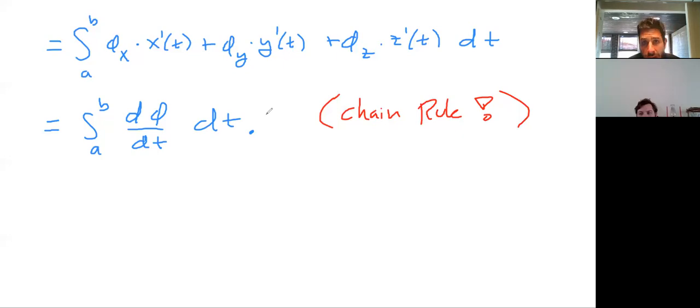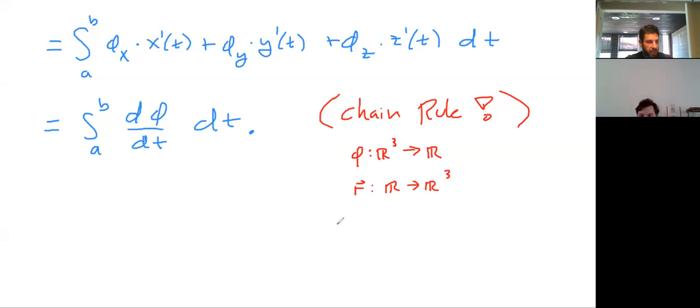So let's remember what the chain rule says. For those of you interested in getting to the bottom of this, don't forget, phi is a function from R3 into R. And r is a function from R into R3. Scariness.